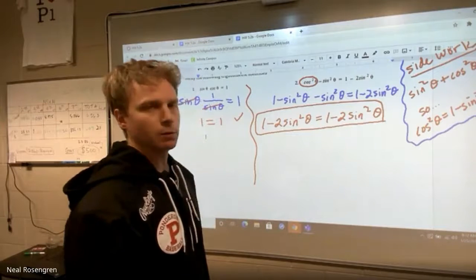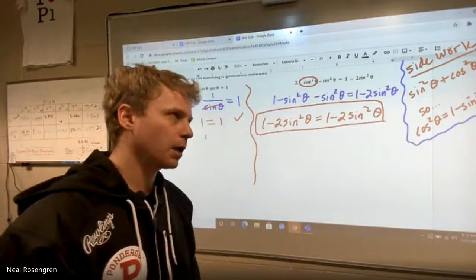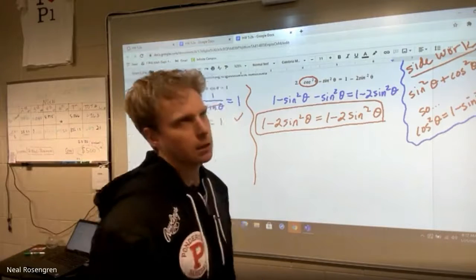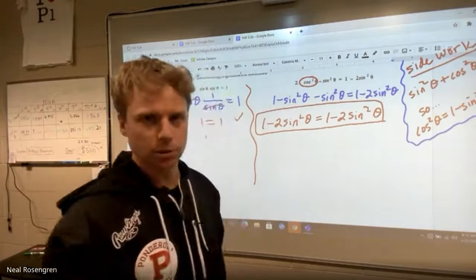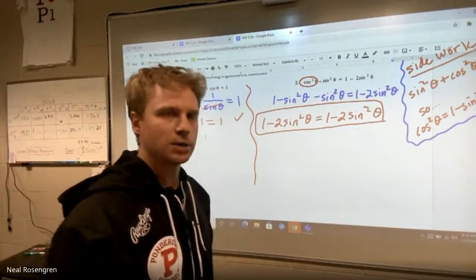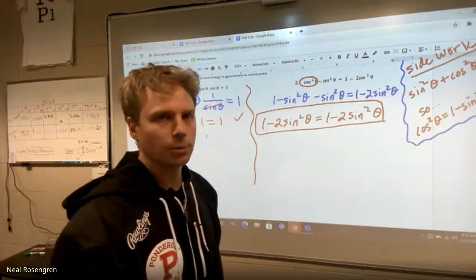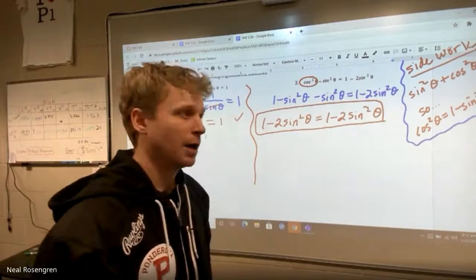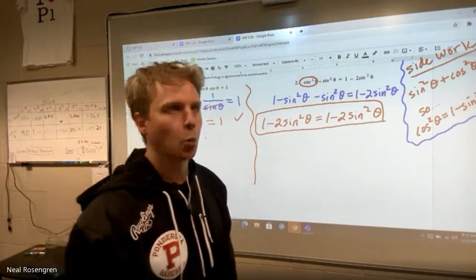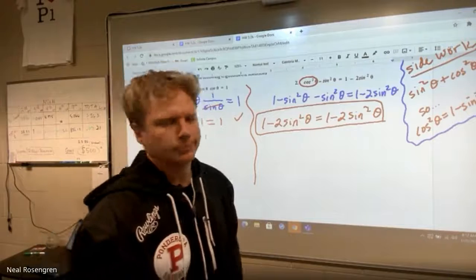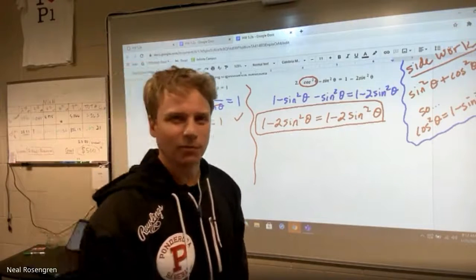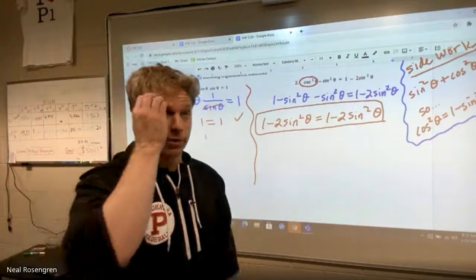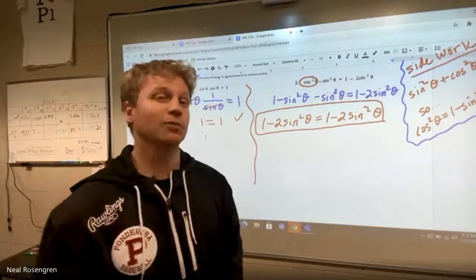You'll see that when we get to quadratic-like trig equations, if you've got sine squared and cosine squared in a problem, then I can't factor it the way that I would normally like I would a quadratic. It's like having x squared plus 2y minus 7. I can't factor things that have different variables in it, and cosine of theta and sine of theta are like having different variables.